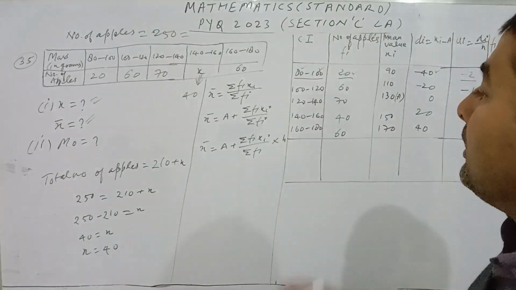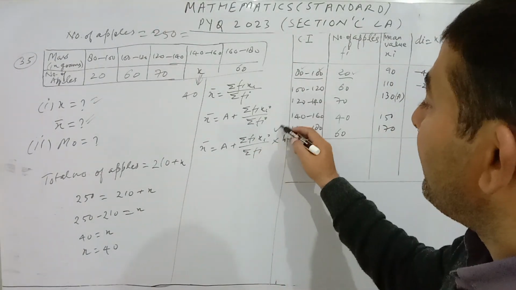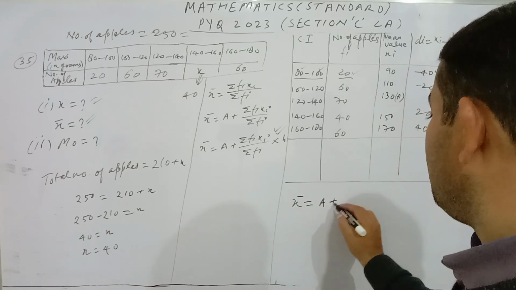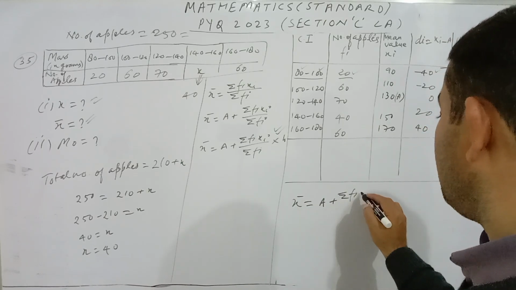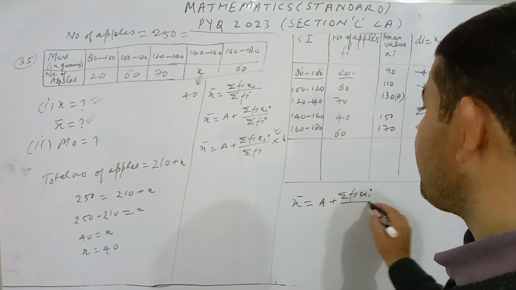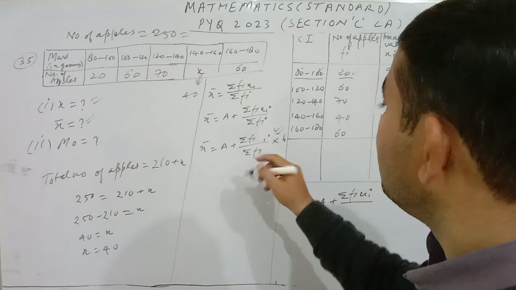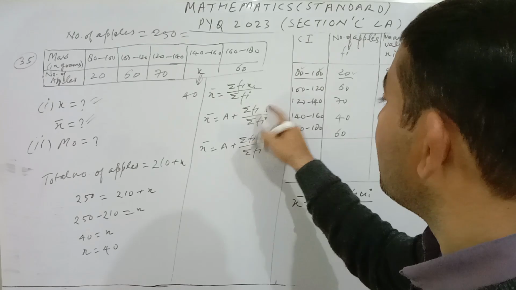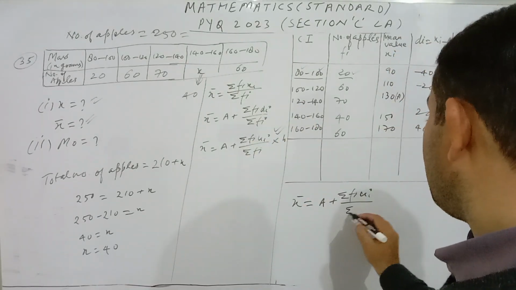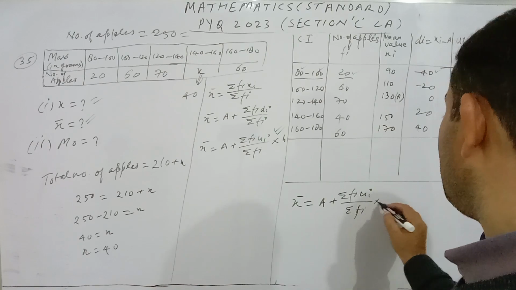So now we will apply this formula, x bar equals a plus sigma fi ui upon sigma fi into h.